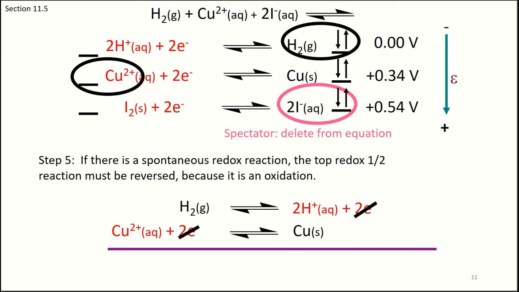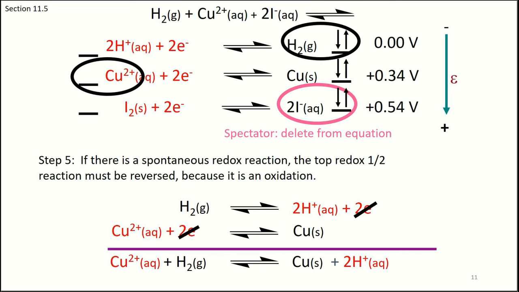So these 2 electrons will cancel. Once they have canceled, I will go ahead and add all of the reactants together and all of the products together. And whenever I do this, I want to make sure that I write the oxidizing agent first, as shown.